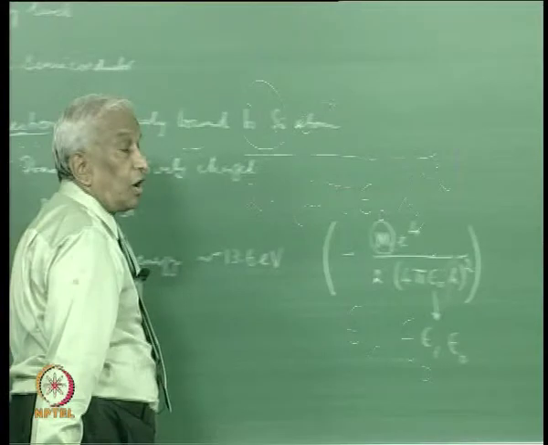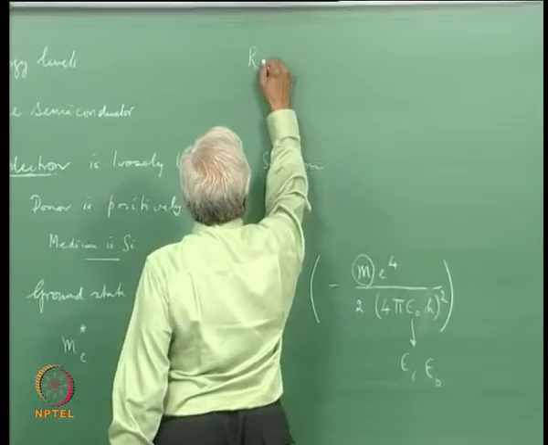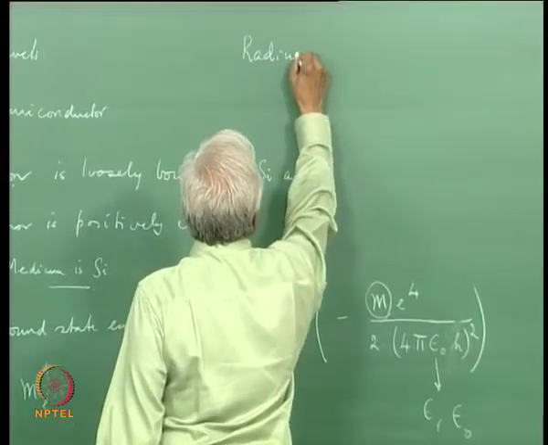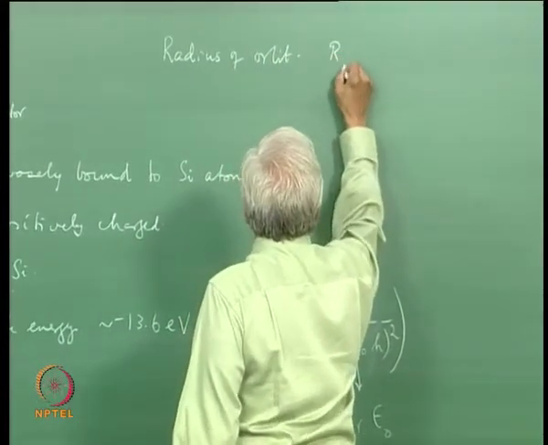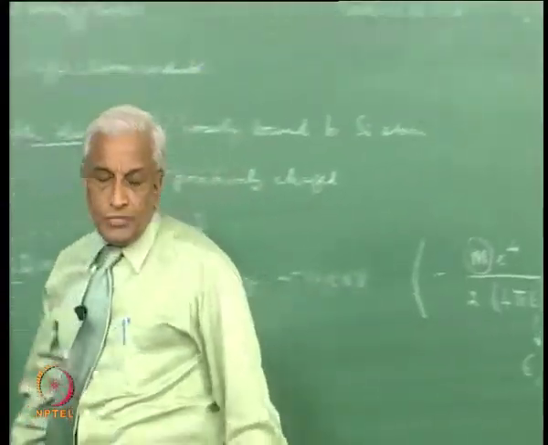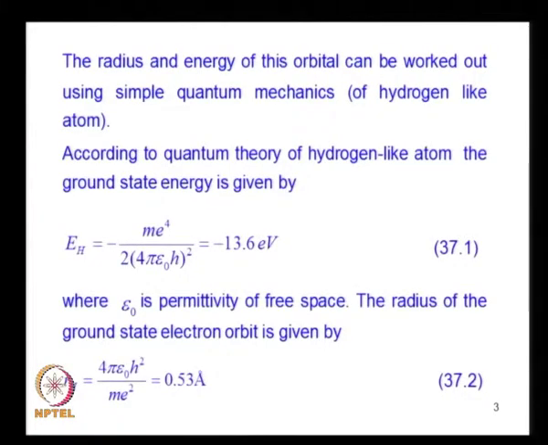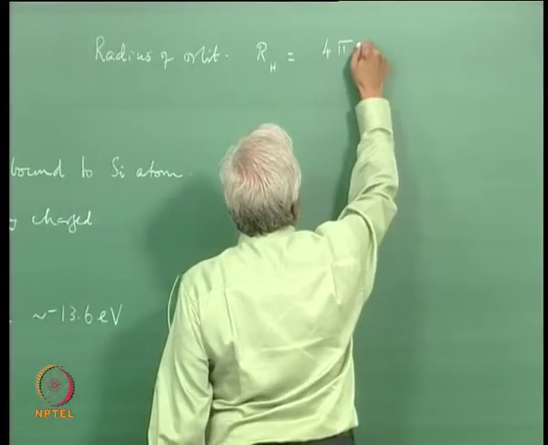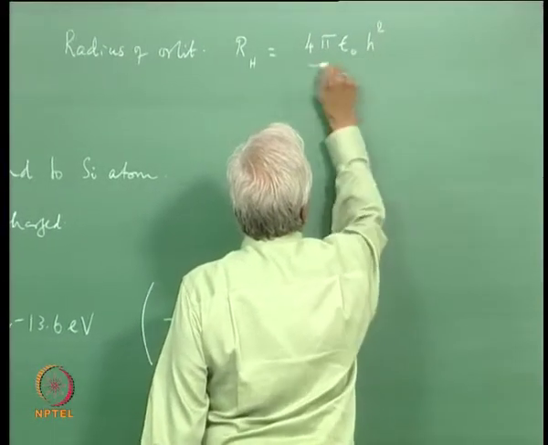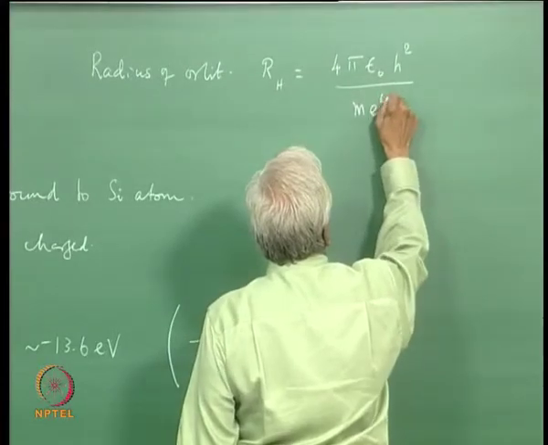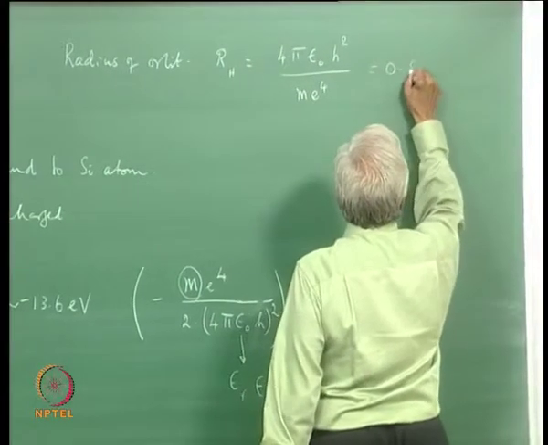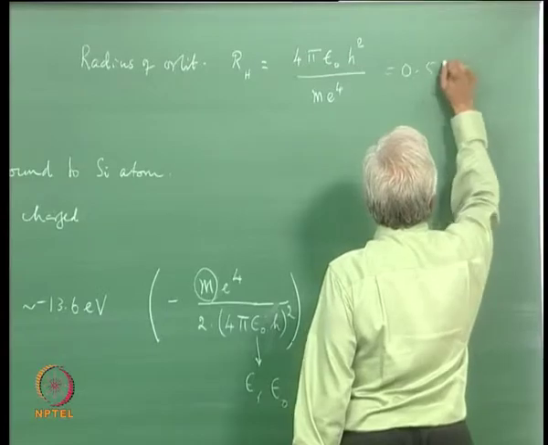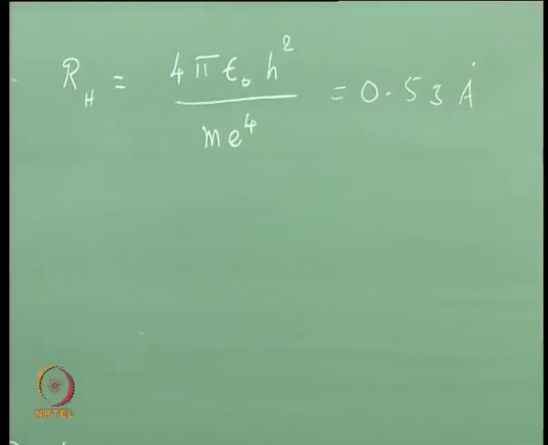The radius of this orbit of this electron works out to be 0.53 angstroms in a hydrogen like atom.